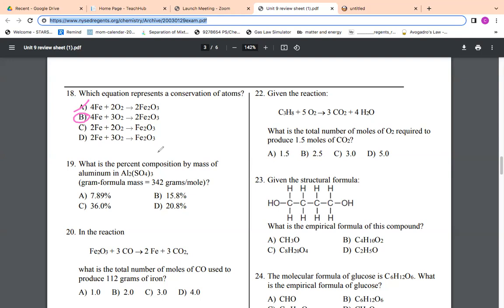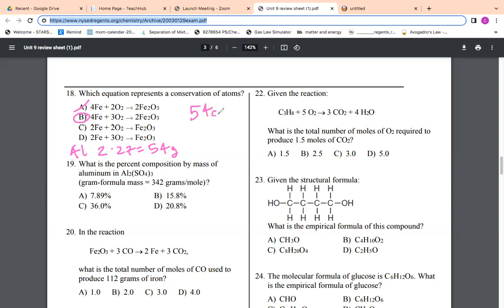Okay, number 19. What is the percent composition by mass of aluminum in aluminum sulfate? Now, some questions will give you the gram formula mass. They'll be nice and they'll give you that. Sometimes you have to figure it out on your own, so it'll sort of be like a two-step problem. But they're giving it to us, which is nice. So again, it's always the part over the whole. So we have 2 aluminums, and each one weighs 27. So the total weight of the aluminum is 54 grams.